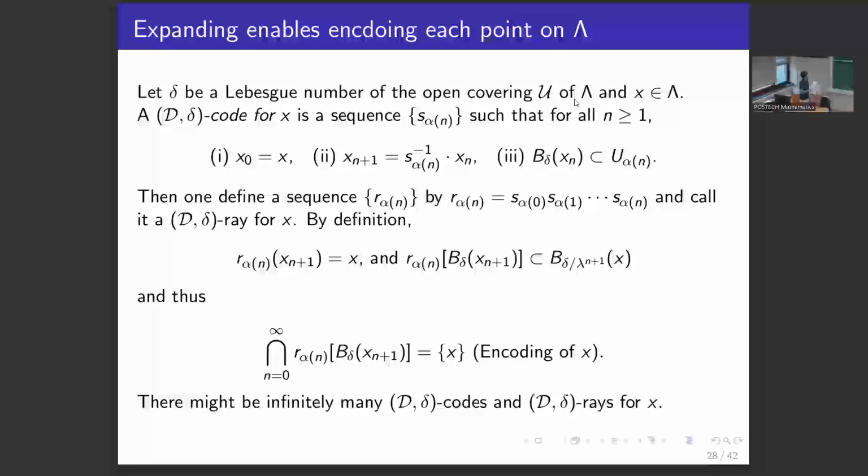If you have the open cover, then choose the Lebesgue number delta. After that, we define one operation on the points of Lambda. If you choose x in Lambda, think of the delta ball centered at the point x.